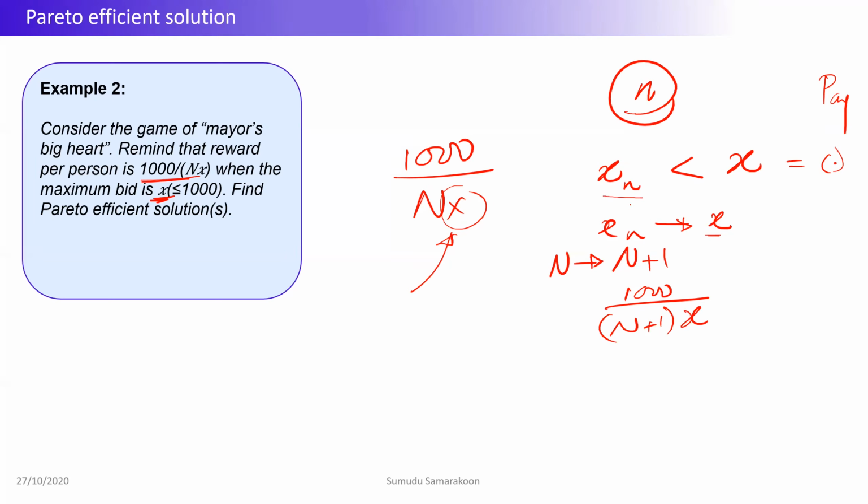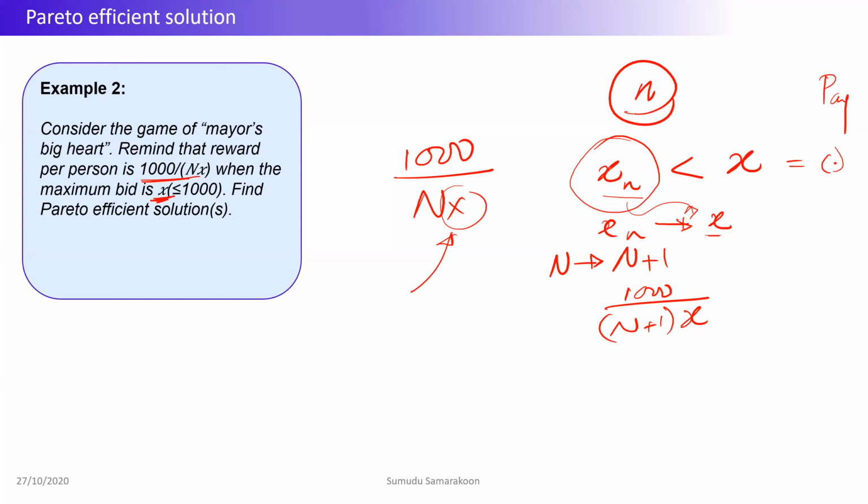So changing Xn to X is not allowed. In that case, sticking with the original choice is Pareto efficient. You can see this is not the optimal result. There are people who suffer, but still this is Pareto efficient.